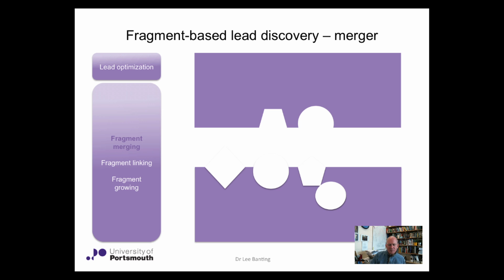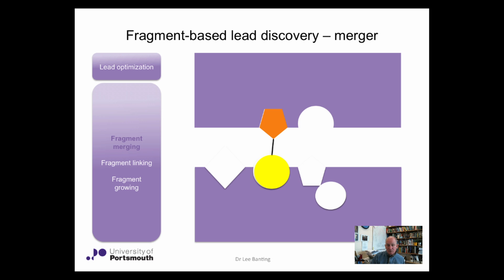So, fragment merging. What's fragment merging about? We'll have a fragment, and here you can see a brown diamond shape and a yellow circle linked together. This is maybe a micromolar fragment exploiting our target here. And then we have another fragment which binds in another region.